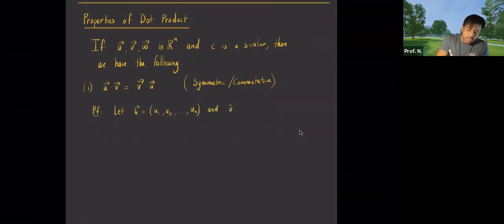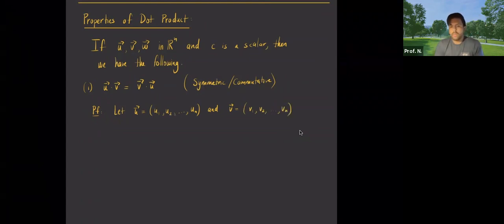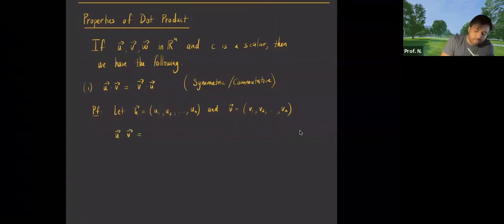And v is another arbitrary vector in Rn. So it has n components with some numbers in them, whatever they may be. And then what is u dot v?